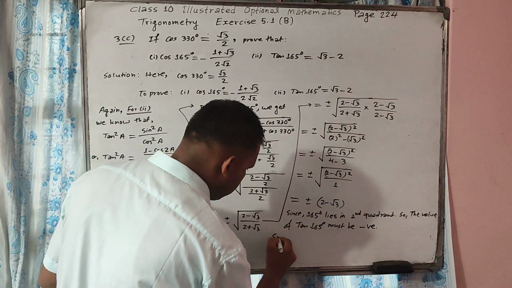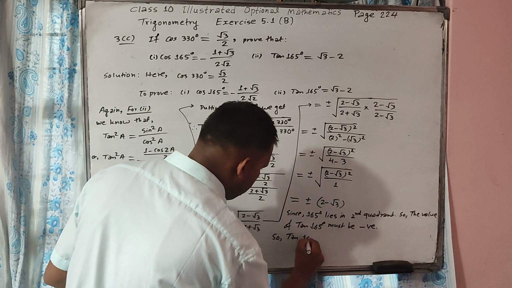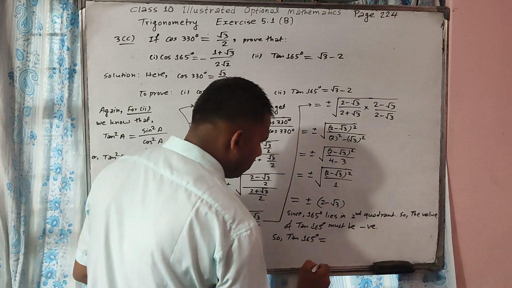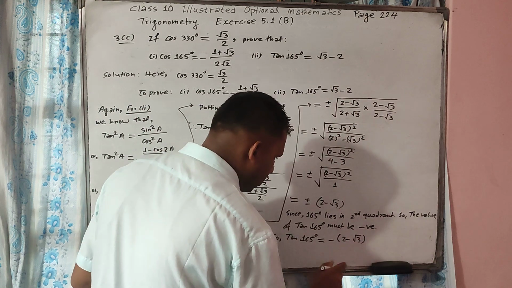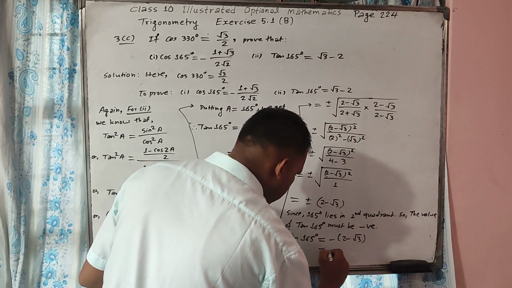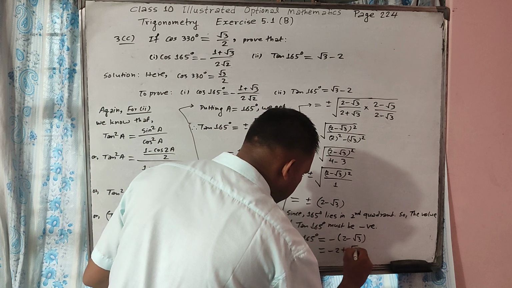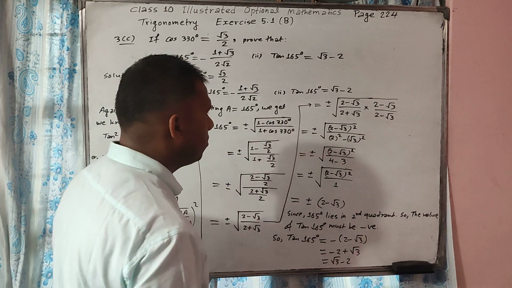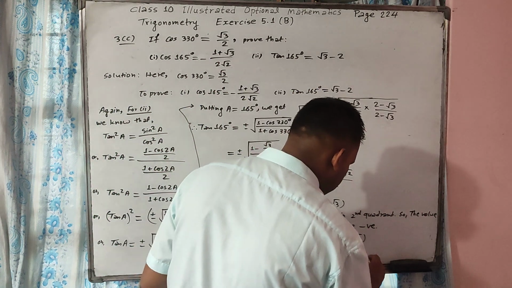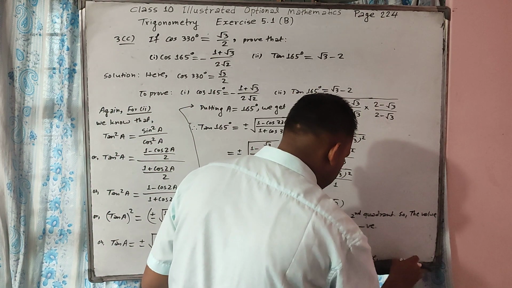So tan 165 degree equal to minus (2 minus root 3), equal to minus 2 plus root 3, equal to root 3 minus 2. Hence proved.